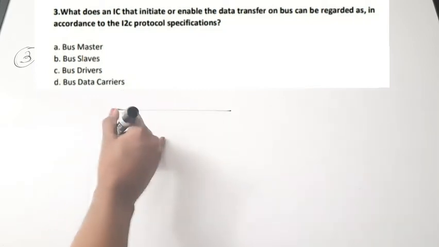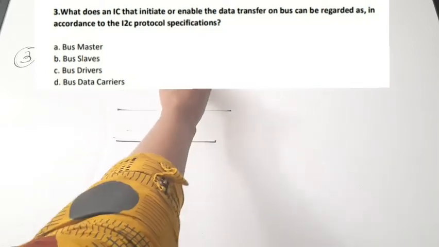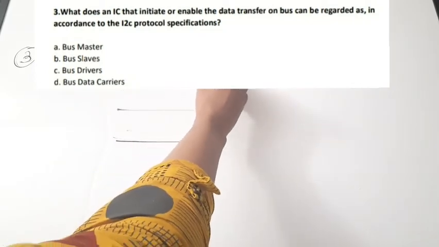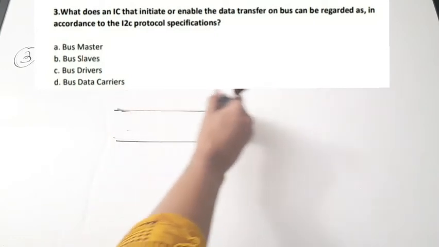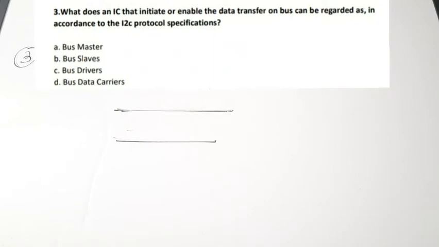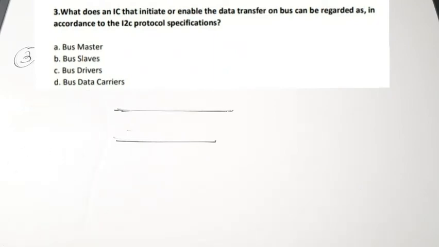There are two elements on a bus, which are master and slave, right? There is a master slave concept in I2C. There are two components which are using the bus. There is a master and a slave.